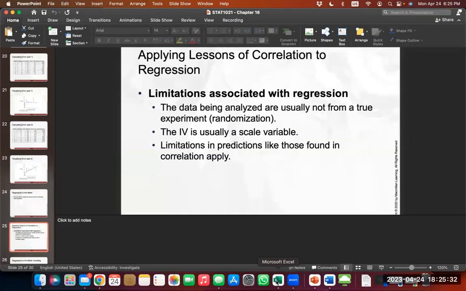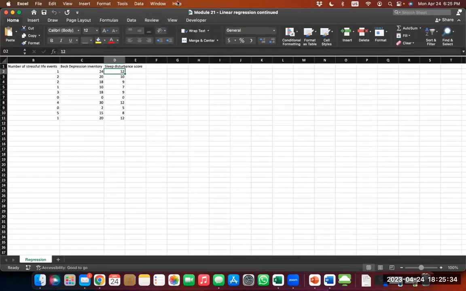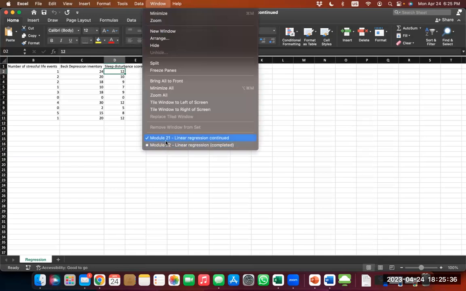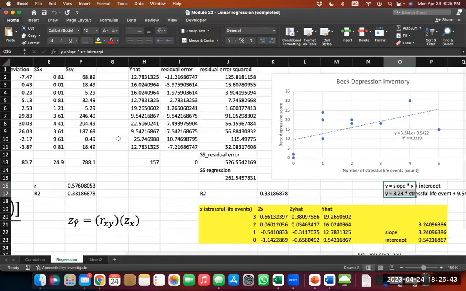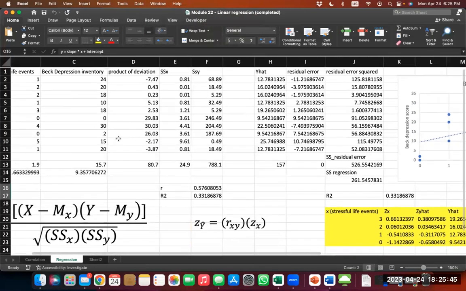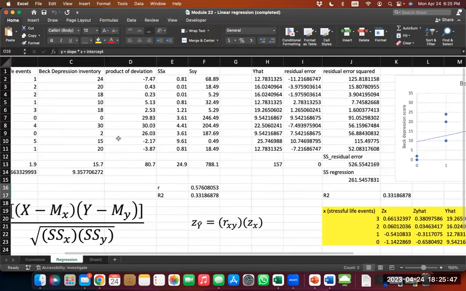And just briefly, let's look at this calculation. So we have done this calculation, and remember this. So we have calculated here the sum of squares of the dependent variable. So that's basically the Beck Depression Inventory score.